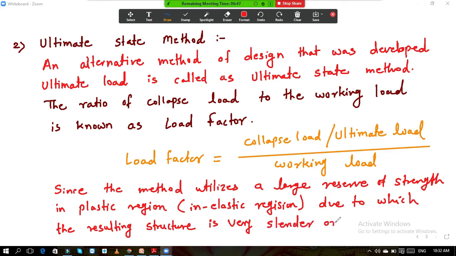Slender means thin. Okay, so this point I have already told you.